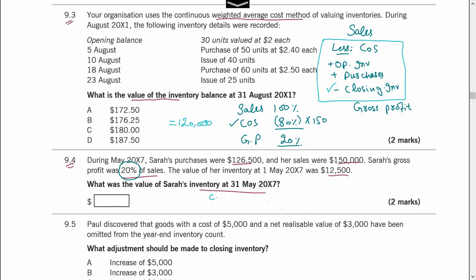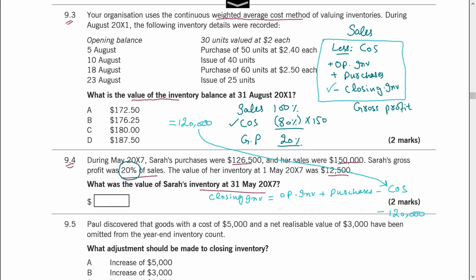Okay, so let's say here we want to calculate closing inventory, which will be equal to opening inventories plus purchases for the year, from which we will less cost of sales, and we have already found out the amount of cost of sales, right? So here we have 120.